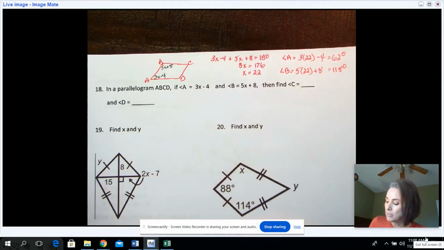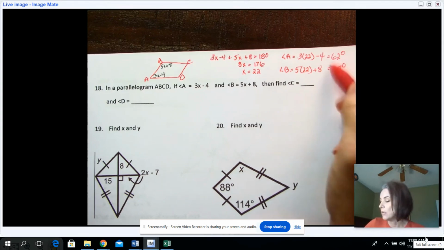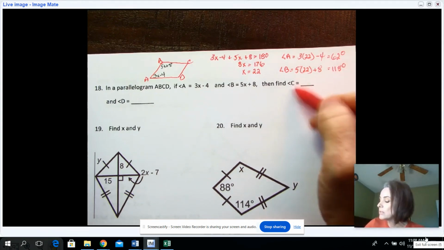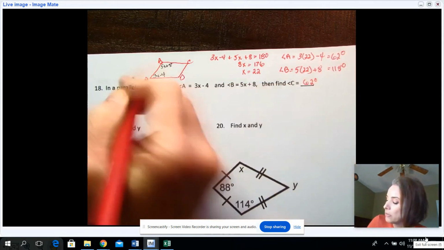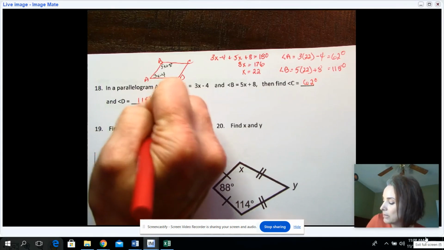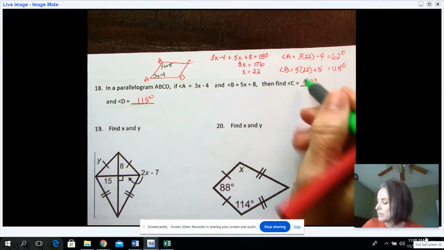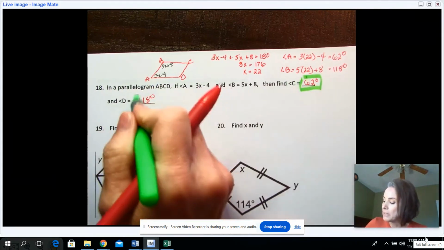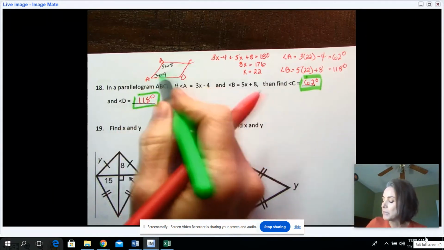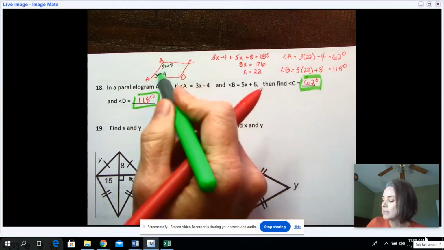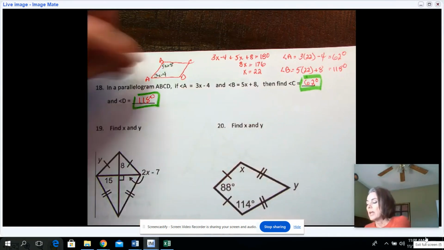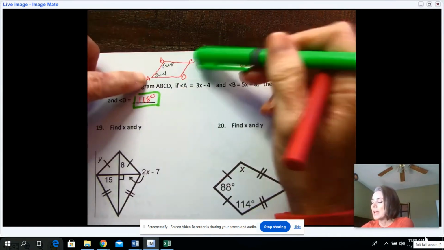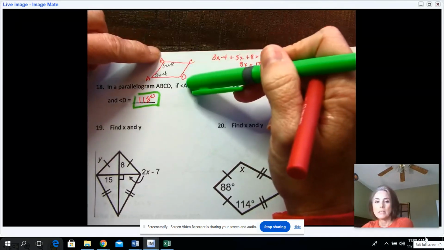And 118 plus 62, guys, should equal 180. Those should be supplementary. So angle C would have to be angle A, which is 62 degrees, and angle D would have to be angle B, which is 118 degrees. So opposite angles are equal, and consecutive angles are supplementary. So A and B add up to 180, A equals C, and B equals D.